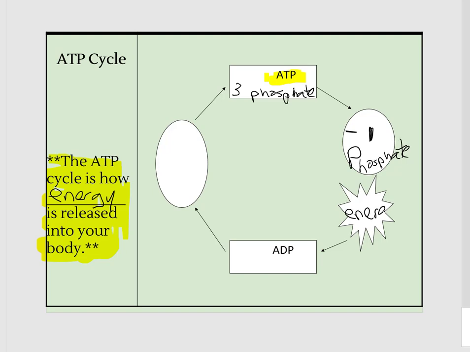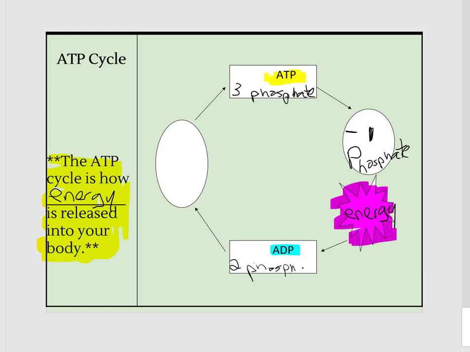Little burst of energy sent to any part of our body. It's exciting. Energy, yay. So energy being sent to some part of our body when we lose a phosphate. Now, when we lose a phosphate, we become ADP. ADP is adenosine diphosphate. So that means I'm going to have 2 phosphates.